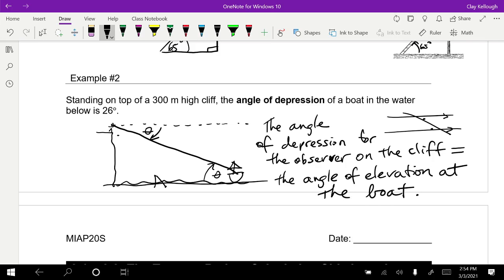If you were on the boat looking up at me standing on the cliff, your angle of elevation is the same as my angle of depression, which makes logical sense. We have to look at the same angle to see each other.